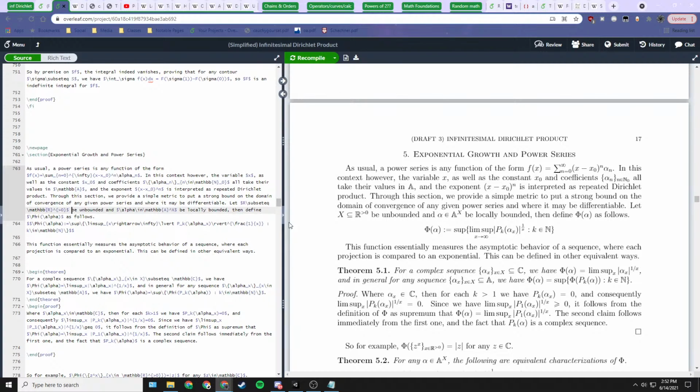And instead of saying lowercase x, we'll do lowercase r.